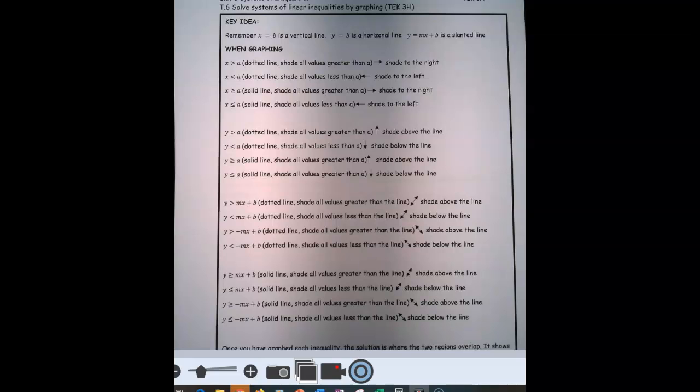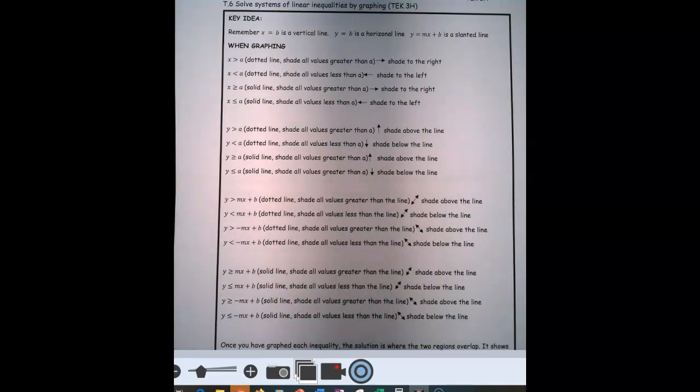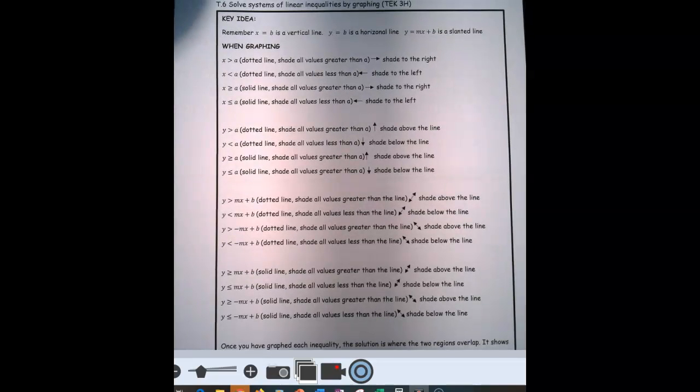Now, when you're graphing, I hope that you would remember our conversation about open circles versus closed circles, because there's a connection here. When we were graphing a single inequality on a number line, we often used open circles to denote that the value under that open circle was not included. Well, the way that we show that a value is not included when we're graphing inequalities is that we're using a dotted line.